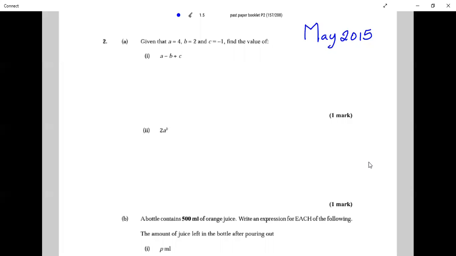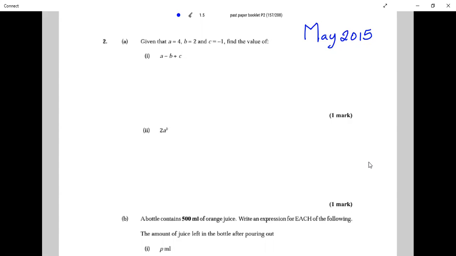All right, so this is May 2015, question number 2. The first part is on substitution. It says, given that A is 4, B is 2, and C is -1, we must find the value of. So in substitution, we're going to replace the letters in the expression with the numbers that they represent.